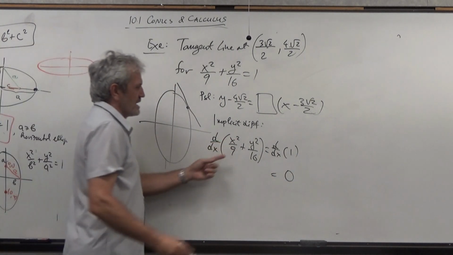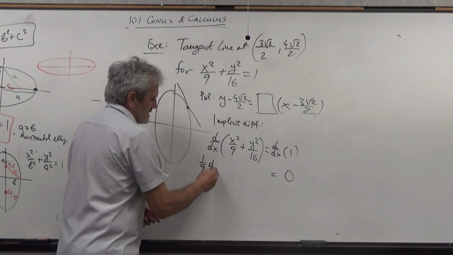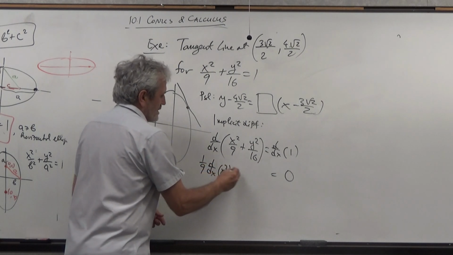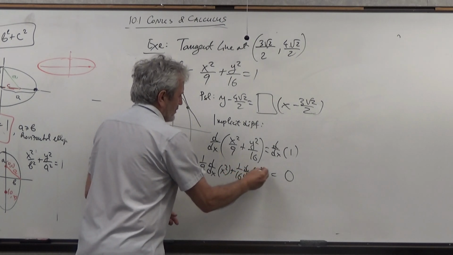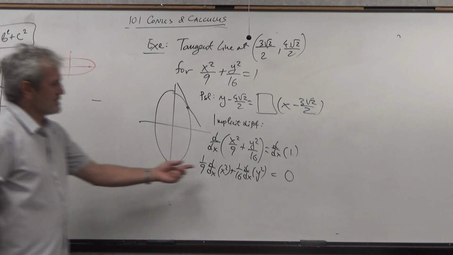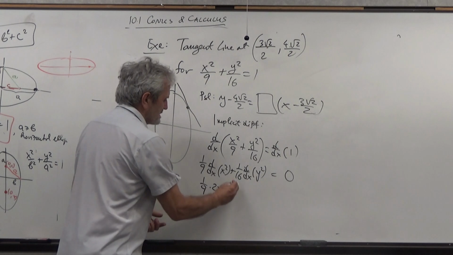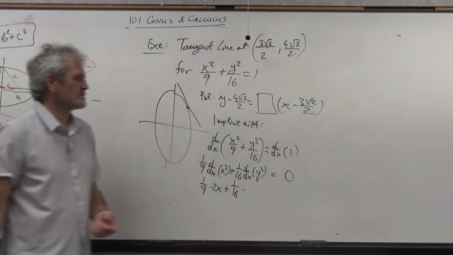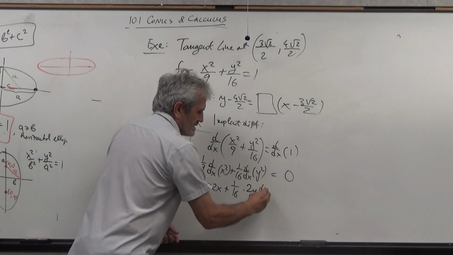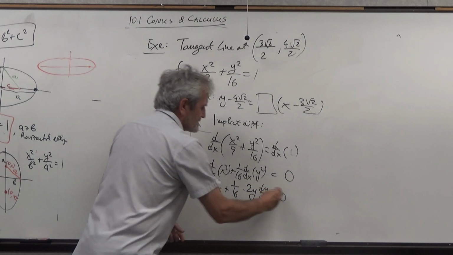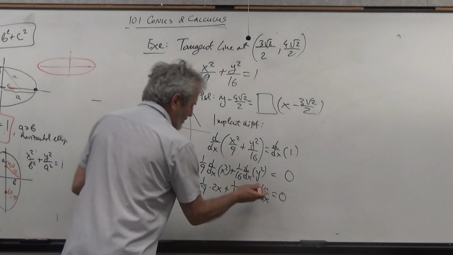When you differentiate x squared over 9, you'll get 1/9 times d over dx of x squared, plus 1 over 16 d over dx of y squared. The derivative of x squared is just 2x, so it's 1/9 times 2x plus 1 over 16. Here comes the chain rule. The derivative of y squared is 2y dy/dx, equals 0. And the crucial thing there is that the derivative we need showed up.